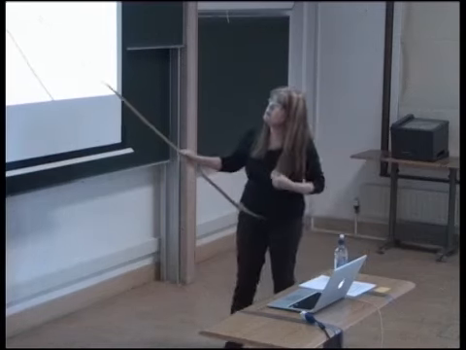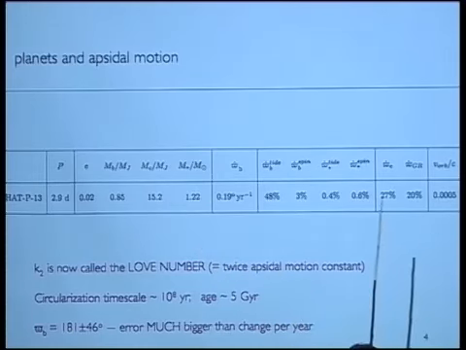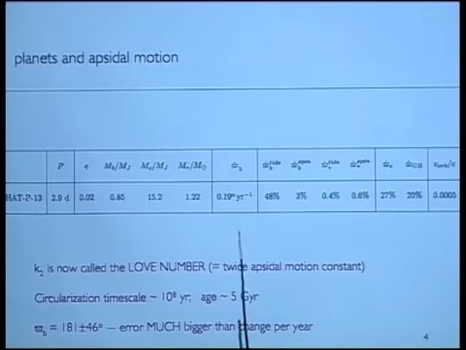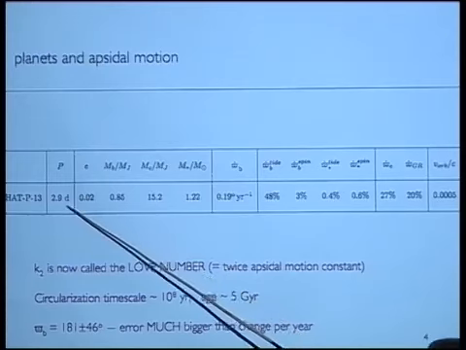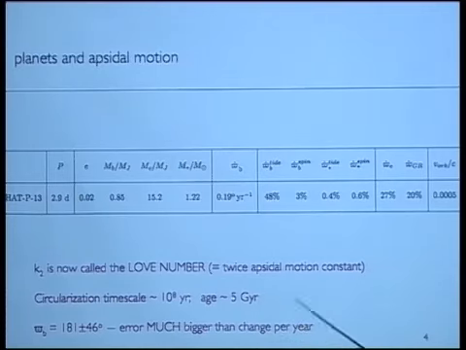I'll say more about this system later, and I haven't even told you that the outer planet actually has a period of over a year. But one of the important things here is that the circularisation, well, it depends on the Q value, but the circularisation timescale for this short period planet is probably shorter than the age of the system.